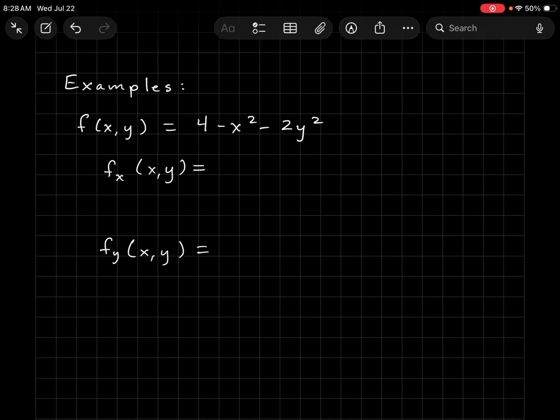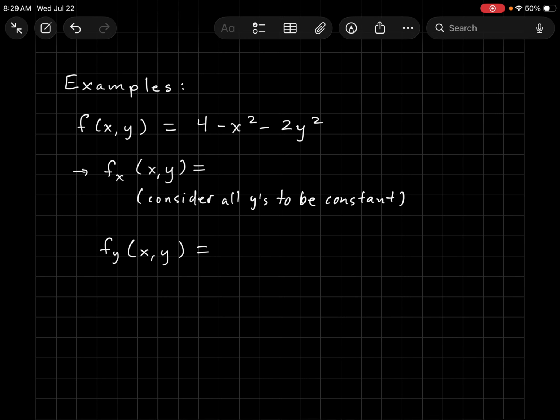Consider f of x, y equals 4 minus x squared minus 2y squared. And we want to find the partial derivative of f with respect to x. Well, this simply means that we consider or hold all y's to be constant. And we would just treat them as we would the constant rule, because they're not changing.